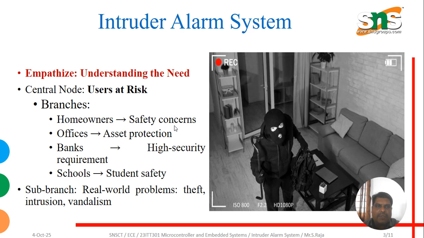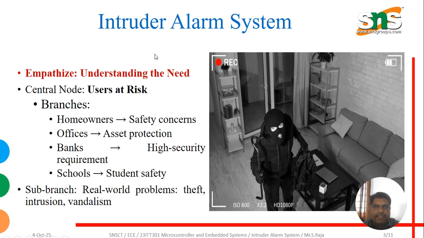For example, house owners need safety, offices need asset protection to maintain files in a more secured way, banks need high security for their jewelry, money, and documents, and schools must maintain student safety. In real time, there may be many intruders. Theft, intrusion, or vandalization are considered the main problems in the empathize stage.